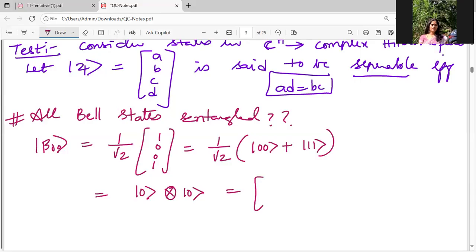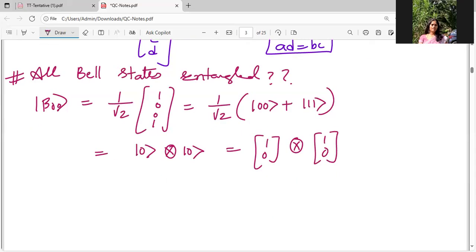Just see, ket 0 is (1, 0), and the tensor product of ket 0 with ket 0 is (1, 0, 0, 0). All of you know the tensor product, you can check my previous videos. So what do I get?